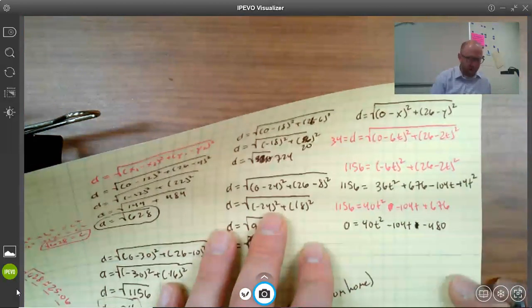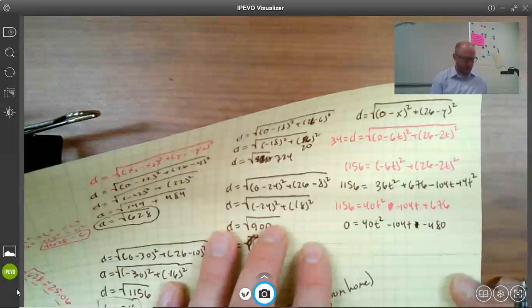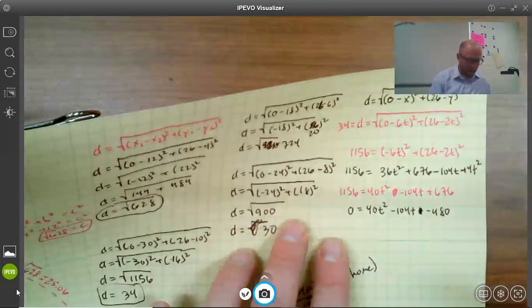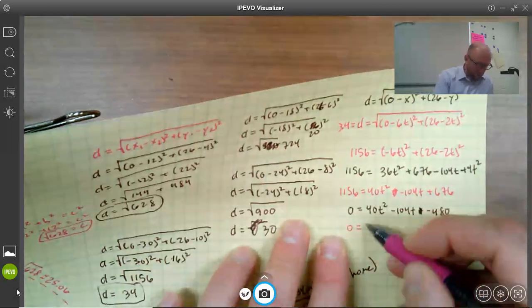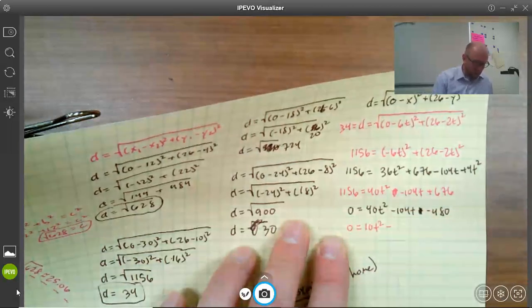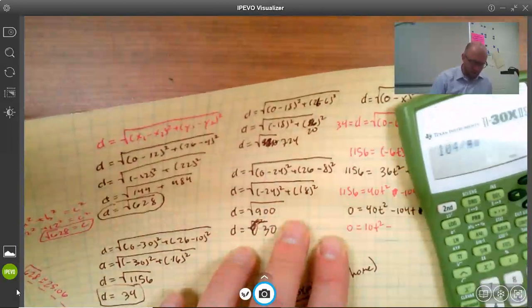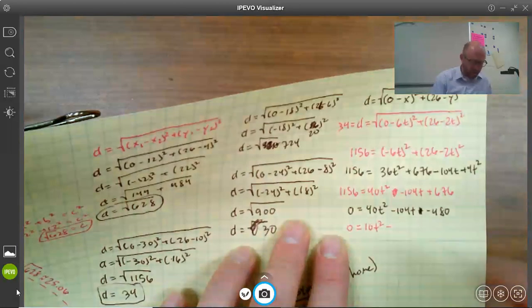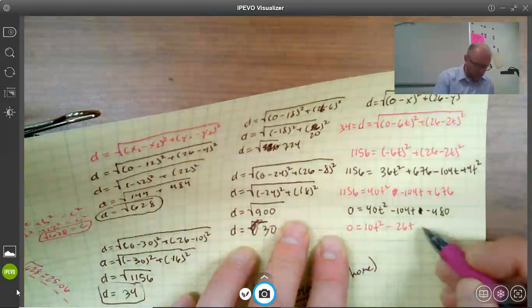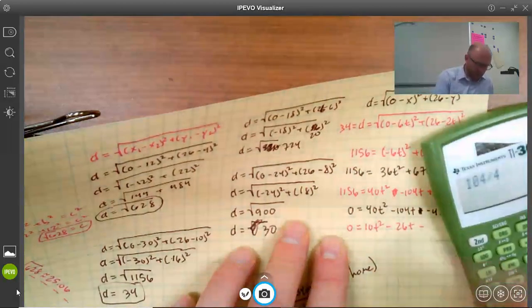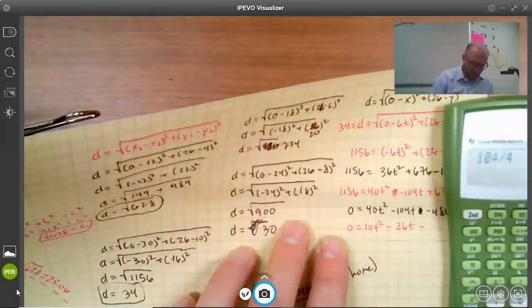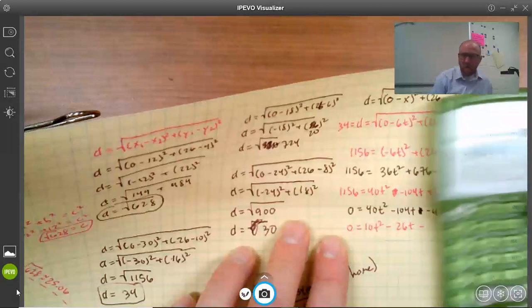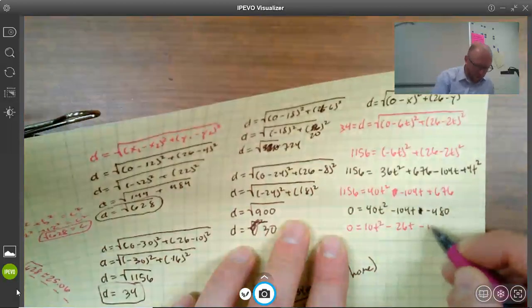Now I can divide all of these by, let's see, 104, 480. So we can divide them all by 4 easily. So we have 0 equals 10t squared. 104 divided by 4 is 26, so 26t, and 480 divided by 4 is 120.